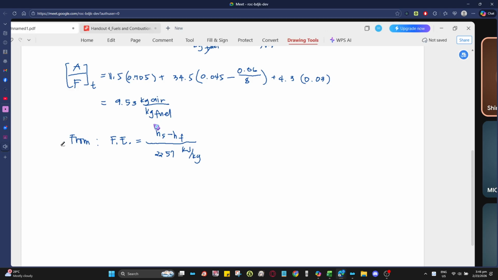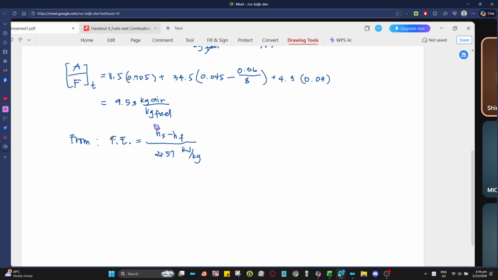No, dili ni siya latent heat. Sorry. Wrong tong ganina. Anyway, bisan mao ni iyang formula, no?